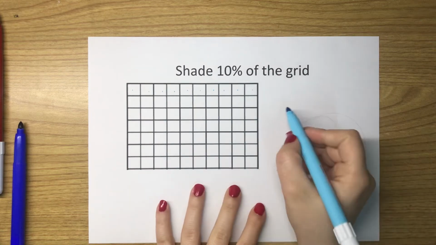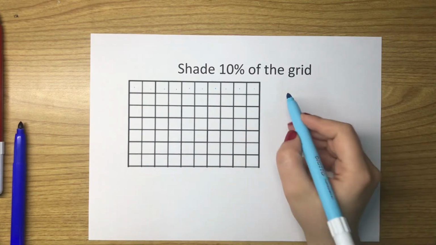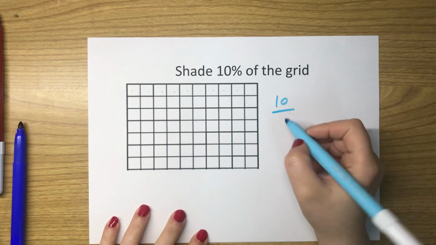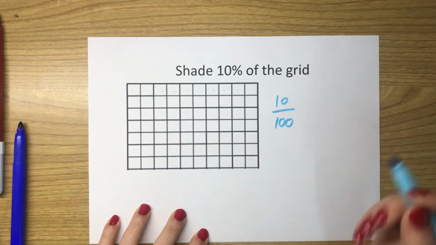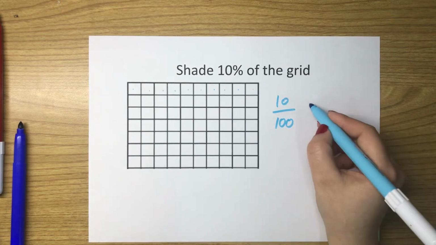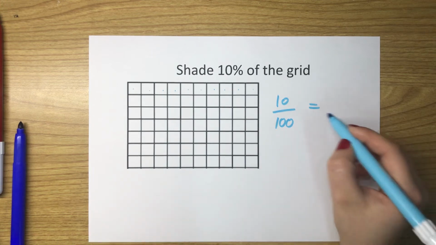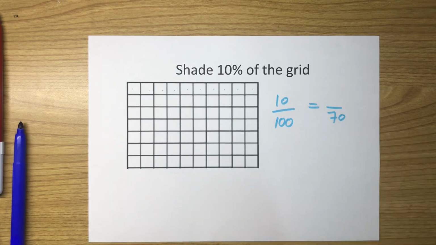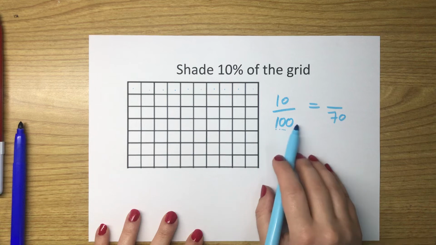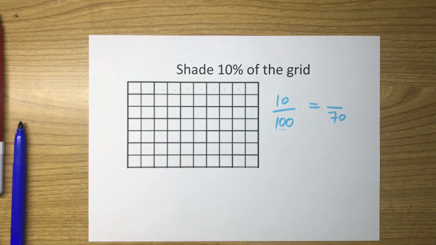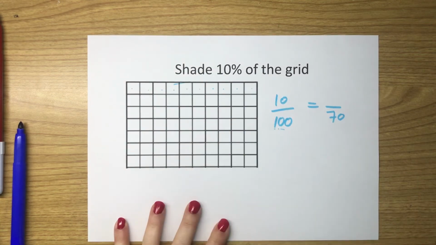because 10% means 10 over 100. I can't make it in a way or another over 70. I can't find a number divided by 100 to equal 70. In this case, what is the meaning of percentage?